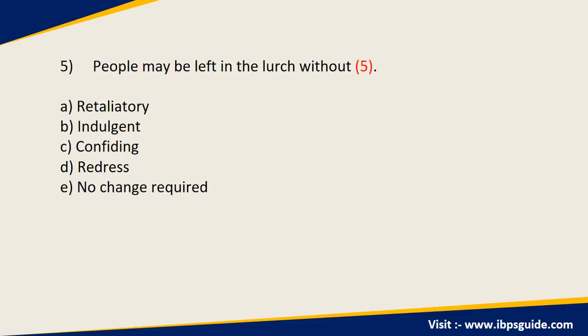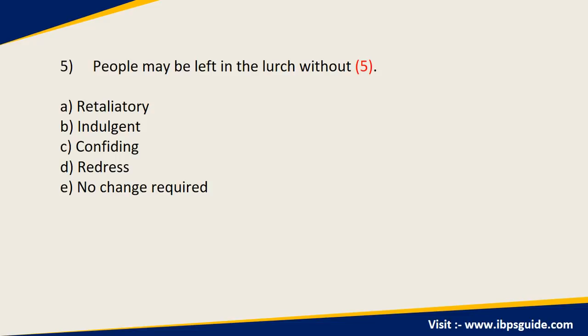Option C is confiding. As you can see, this is a verb. To confide means to tell the truth to someone or to share something with someone, right? So since this is a verb, we're eliminating this option as well. Which leaves us with option D, redress. What does redress mean? It means to address grievances or problems, to solve something or provide a remedy for something, a solution, right?